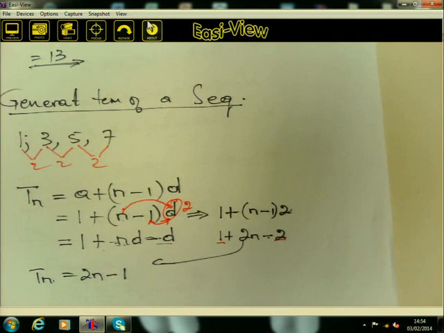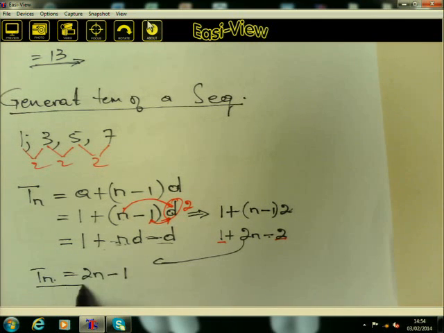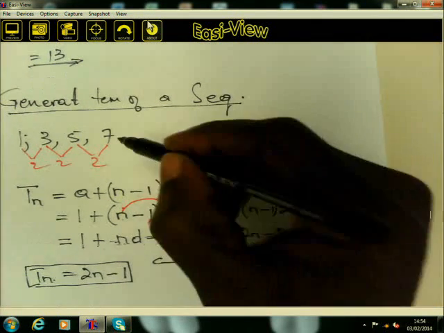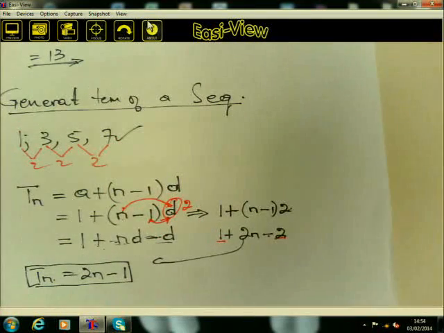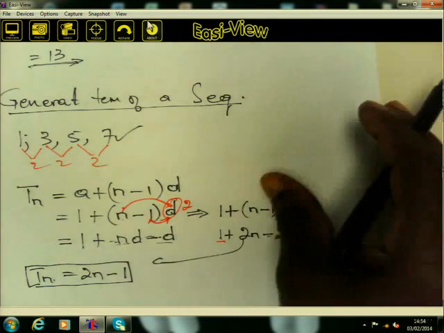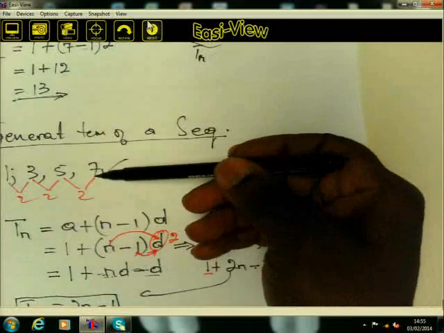Tn equals 2n minus 1, my good learners, is nothing else but the general term of a specific sequence, not any. Remember, this is the general term for this specific one.